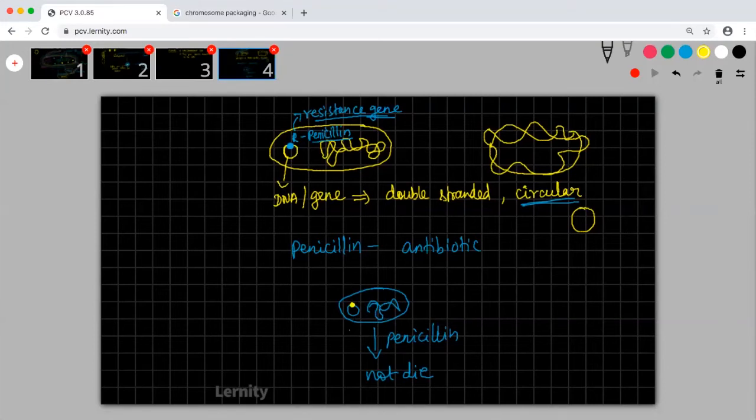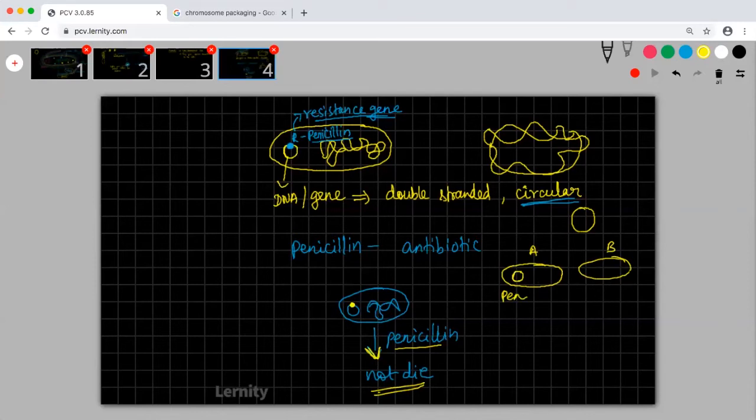So you have this particular plasmid. This plasmid will help the bacteria not to die. Why is it not allowing the bacteria to die? Because there is something in this gene which is helping the bacteria to survive in penicillin. So let us say that there is a bacteria A, and there is a bacteria B. This bacteria is having a plasmid for penicillin resistance.